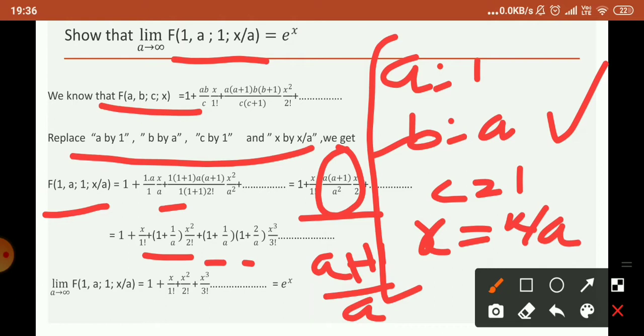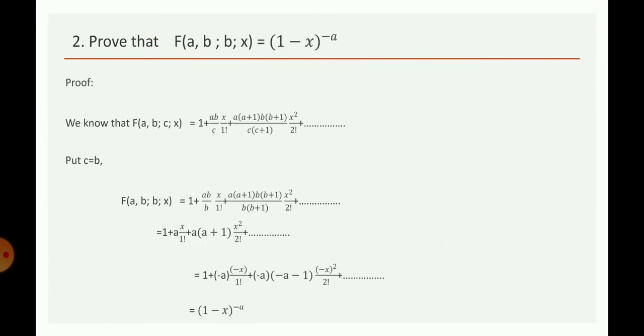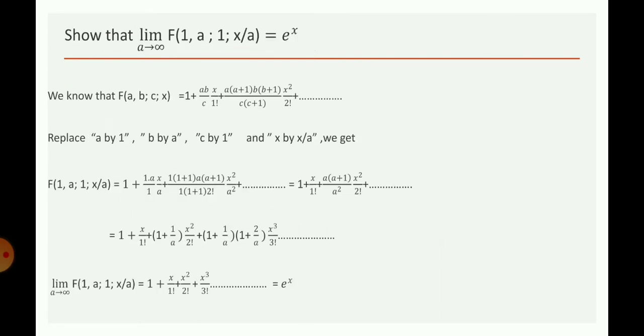The next thing in the question is that we have to take the limit. Now we will take the limit as a approaches infinity. a approaching infinity means 1 upon a will become 0. So wherever there is 1 upon a in the expression, that will become 0, and we get this summation, and that means this summation is e raised to power x, that we did in the first question also. It is the same.